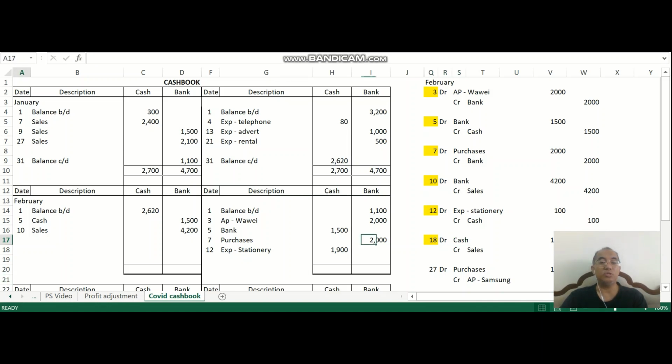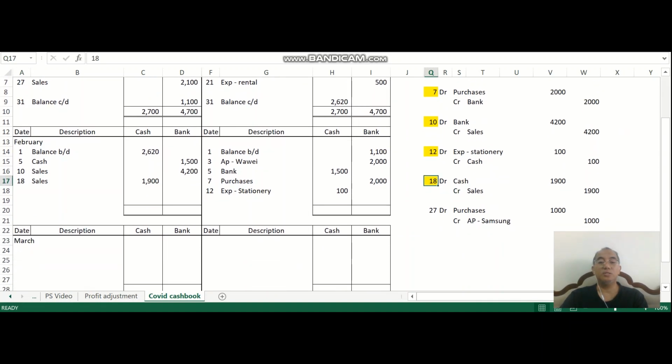So I go to the debit side. How much should I put here? 1,000. Sorry, stationery is only 100. Okay, sorry about that. Mistakes happen. Alright. Okay, 1,000. That is my sales. When? On the 18th. Okay, what about this transaction? Okay, no, this is not marked at all.